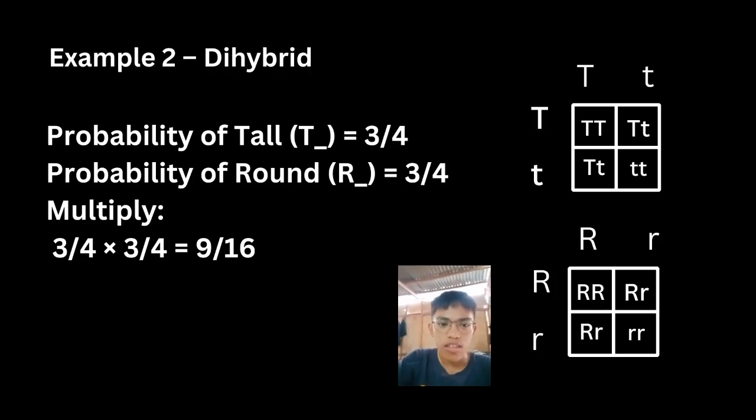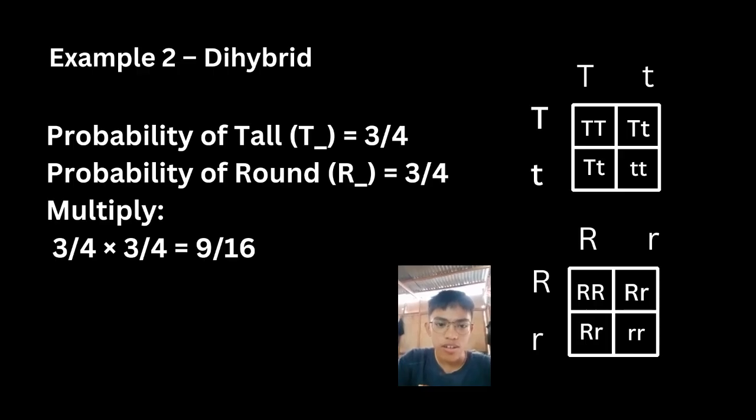So, using the Punnett square, we can determine the probability of tall, which is 3/4, and round is equal to 3/4.